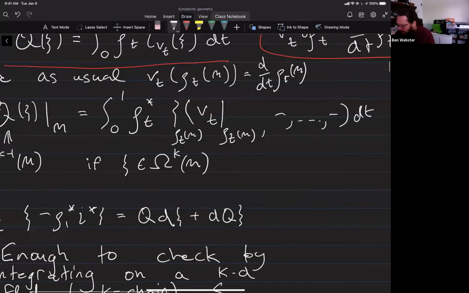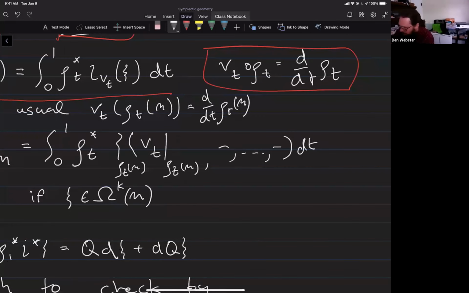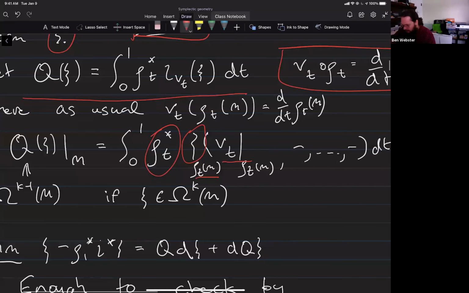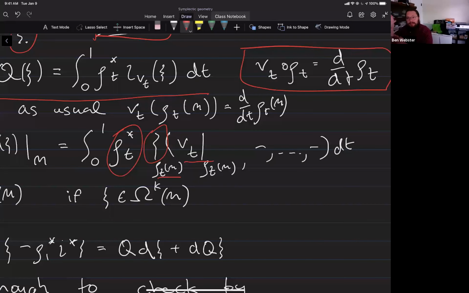And what I'm doing is I'm looking at the point rho_t of m, evaluating the k form C there, contracting against the velocity vector, and then pulling back so I get a form at m instead. Each thing that shows up in this integral is a k multilinear map from k copies of the tangent space at m to the real numbers, and I'm integrating those in the usual way.